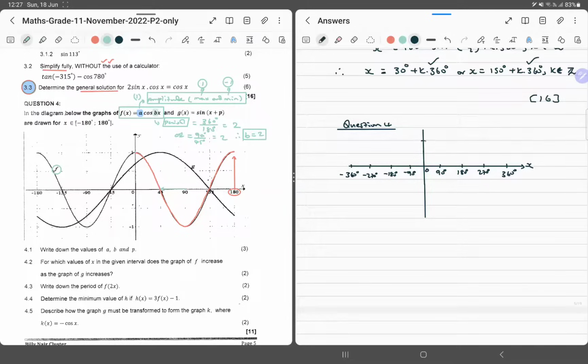Okay, so we're going to put 1 there and then minus 1 there. Okay, so basically the cosine graph does stuff like this. Okay, and then it continues to do stuff like that. Of course, you know what's going on. Of course, it's not on scale. Okay, so that's what the cosine graph would look like.